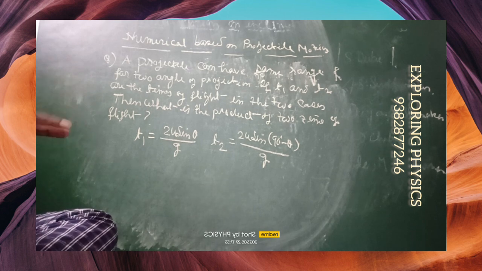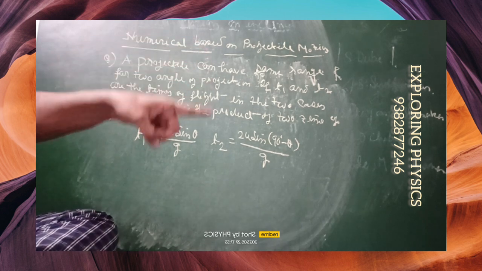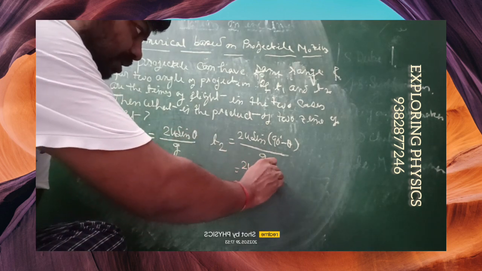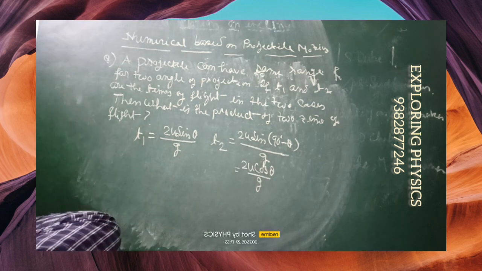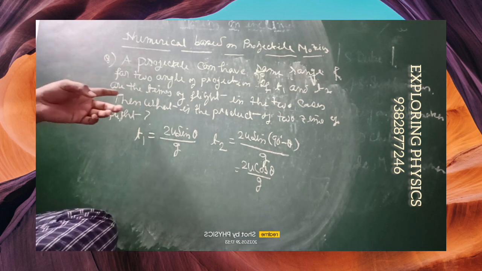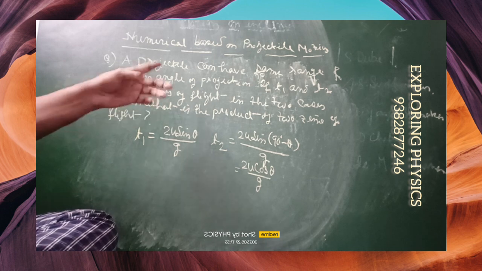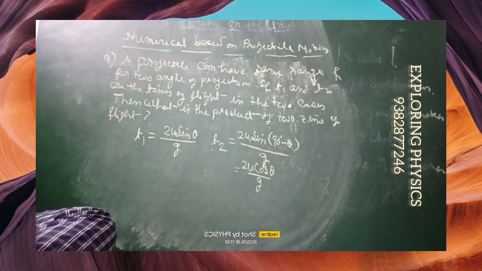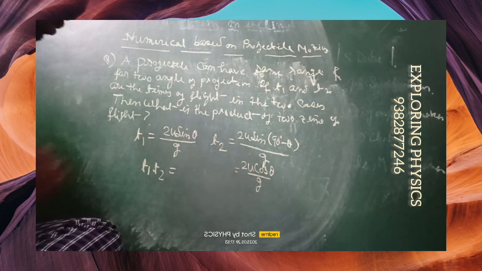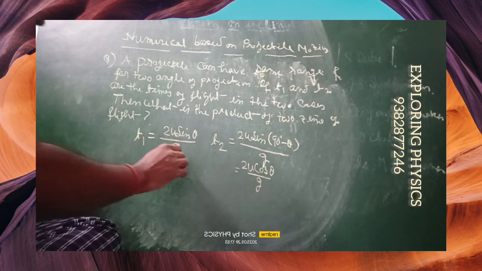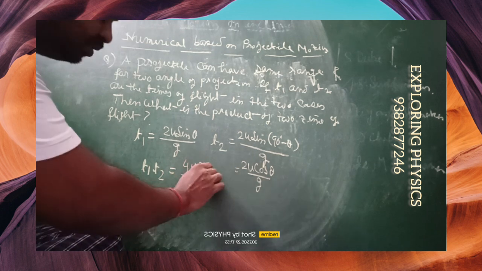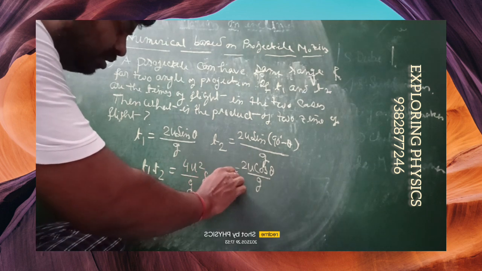Now sine of 90 degrees minus theta means cos theta, so T2 equals 2u cos theta by g. Now let's multiply T1 and T2, because the question demands the product of the two times of flight. T1 into T2 equals 4u square by g square into sine theta cos theta.